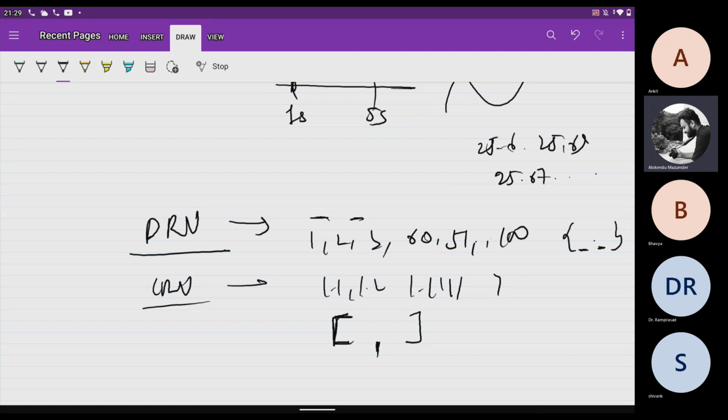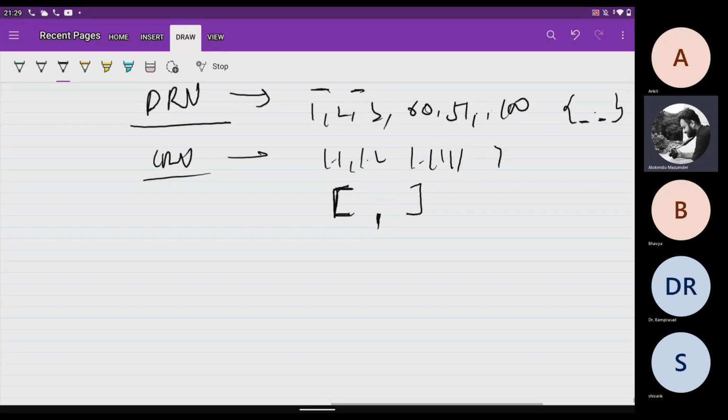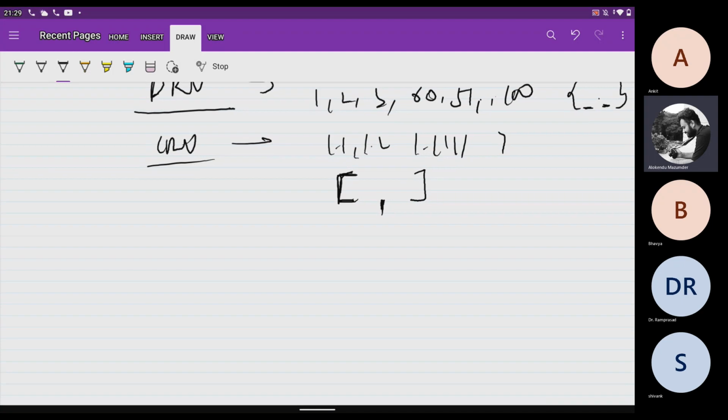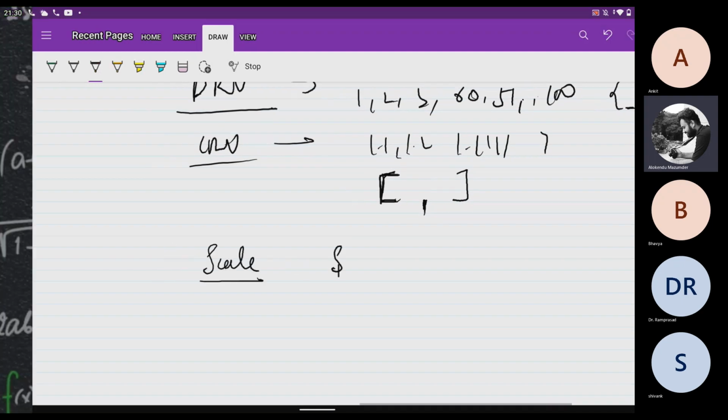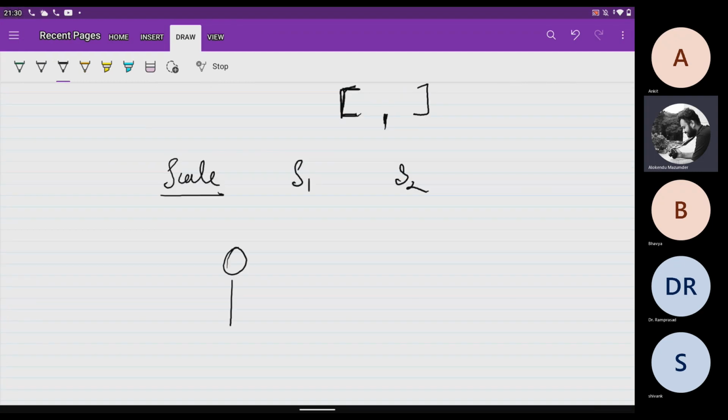Or you can imagine this like, let's say I have two scales with me, scale s1 and scale s2, and you are measuring the height of a person, where scale s1 will give you only integer values. So the height can be 6 feet, 5 feet, 4 feet, 3 feet, 7 feet, right?